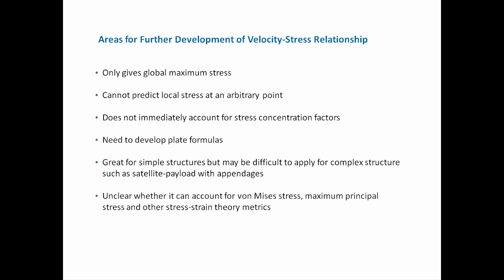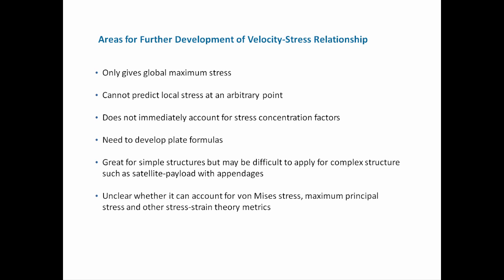We've talked about some of this already. The stress-velocity relationship only gives the global maximum stress. It cannot predict local stress at an arbitrary point. It does not immediately account for stress concentration factors. Further work is needed to develop plate formulas.